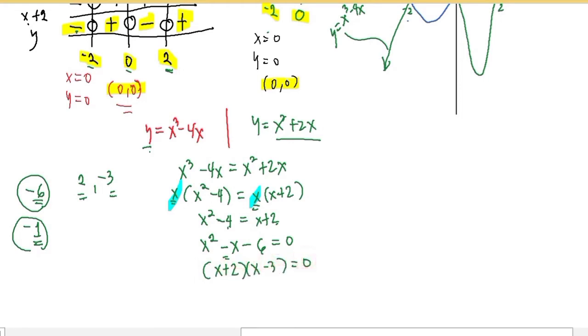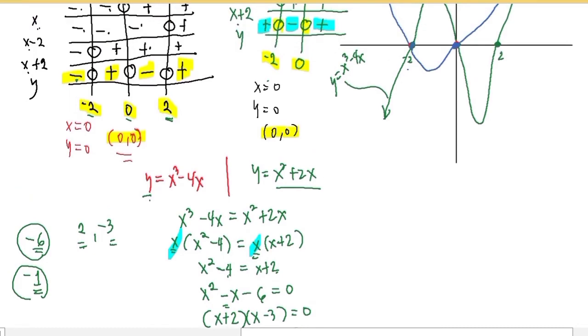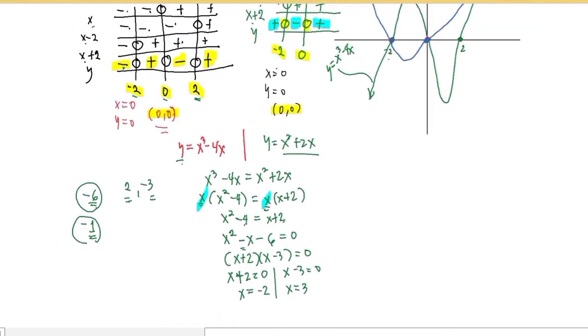So, if we are going to equate this, our x plus 2 to 0, then we can see that our x is negative 2. And x minus 3 is equal to 0, then our x is equal to positive 3. So, nagkaroon siya ng point of intersection at x is negative 2 and positive 3.